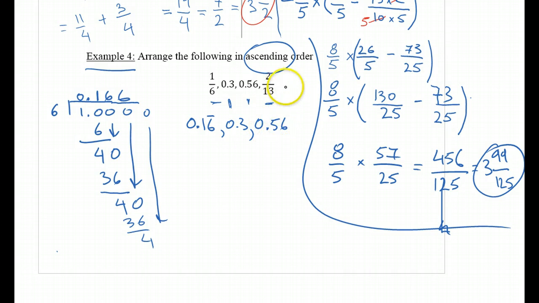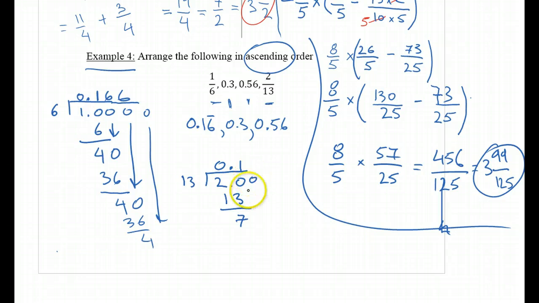And let me just do the 2 over 13 over here. So I have 13 dividing the 2. And again, I need to put some zeros here in decimals. So 13 goes into 20 once. I get 7 over here.